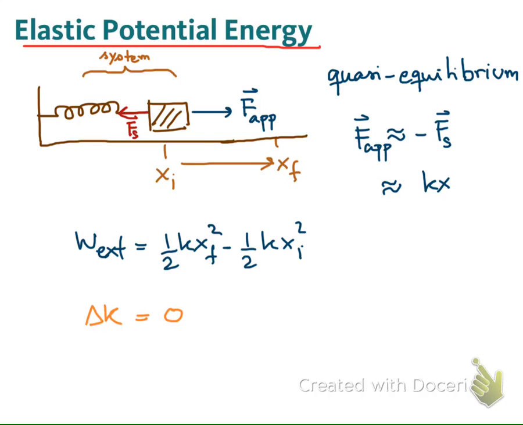So it means that in pulling this object from the initial to final point, we put some kind of energy into the system, and this energy will change back to the kinetic energy when you release it. By the same concept as the gravitational potential, we can define the elastic potential energy.